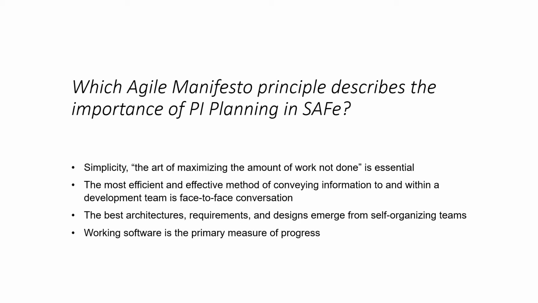Okay, so let's see. The right answer is C. The best architectures, requirements, and designs emerge from self-organizing teams. So guys, always remember, self-organizing team is the key term here to remember.